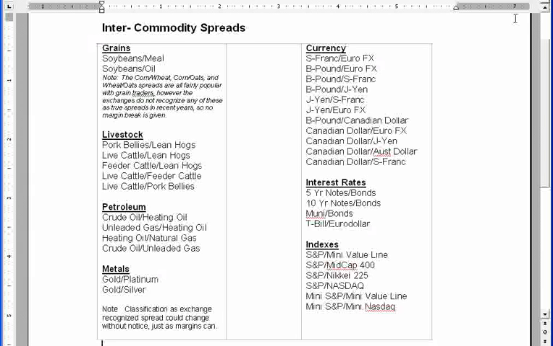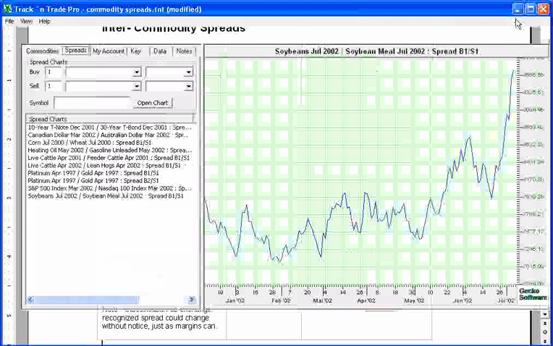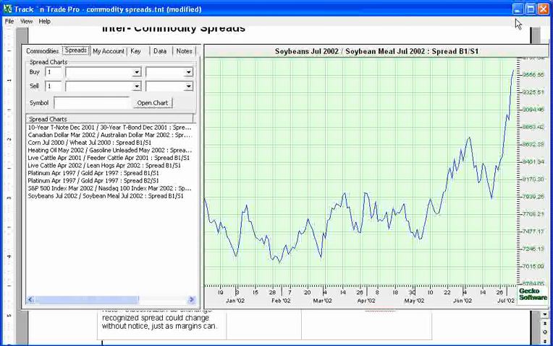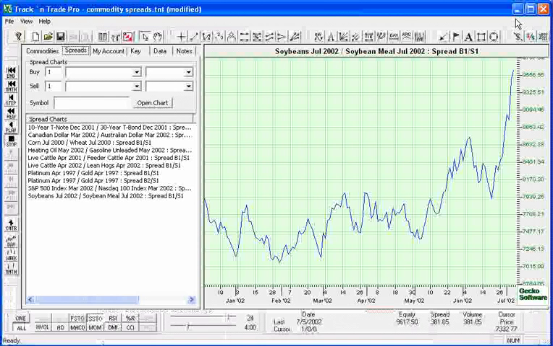Maybe the spread. Why don't we pop into the software here and take a look at these? I want to start off with kind of the caveat on a lot of these spreads. You get a margin break versus double margin, but it's not less than single margin in most cases. So let's say, for example, we're looking here at a soybeans versus soybean meal spread.